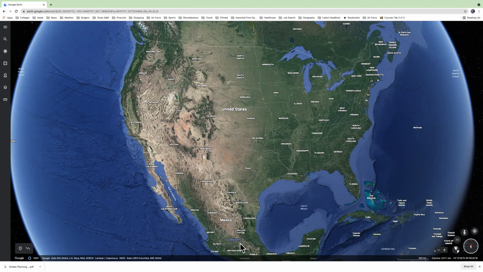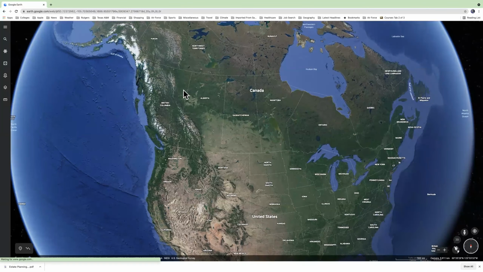These are the Rockies. The Rockies really begin down in Mexico, called the Sierras, and they move through New Mexico, Colorado, Wyoming, Montana, and then you move into the Canadian Rockies through Alberta and British Columbia, and eventually the Northwest and Yukon territories.